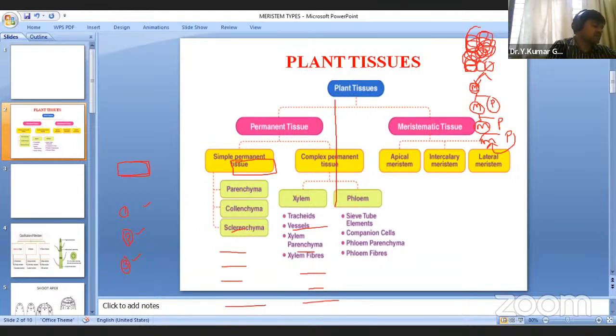But here the important thing is the classification of meristematic tissue. Classification is very, very important. These are the types of meristematic tissue.